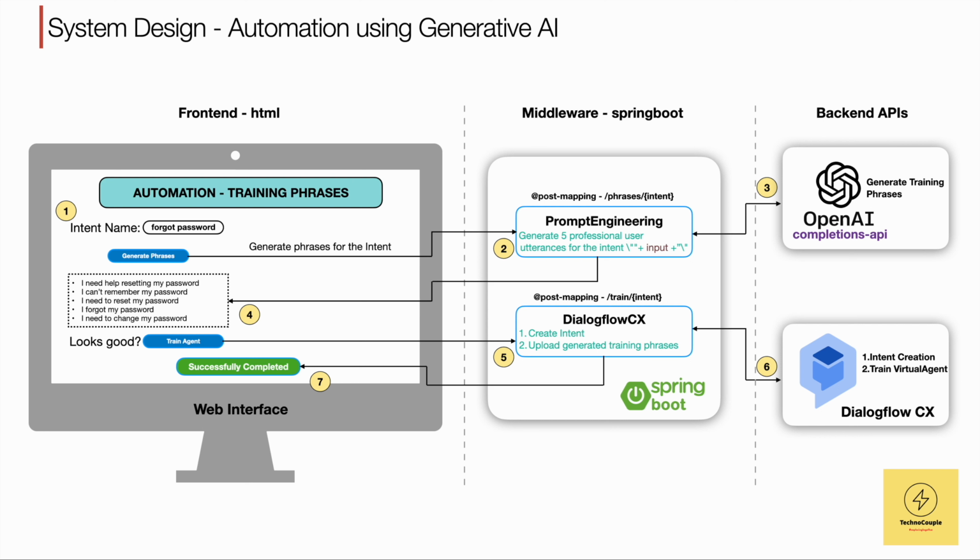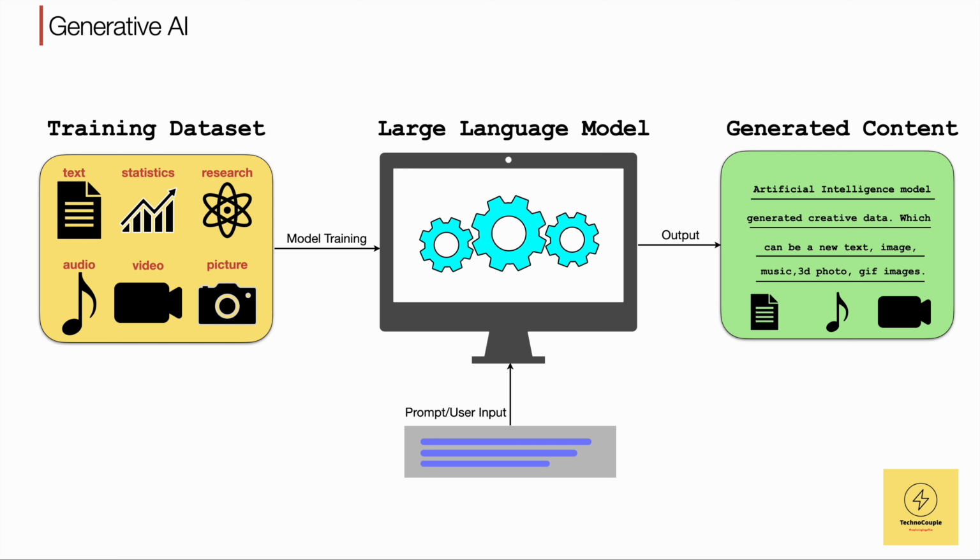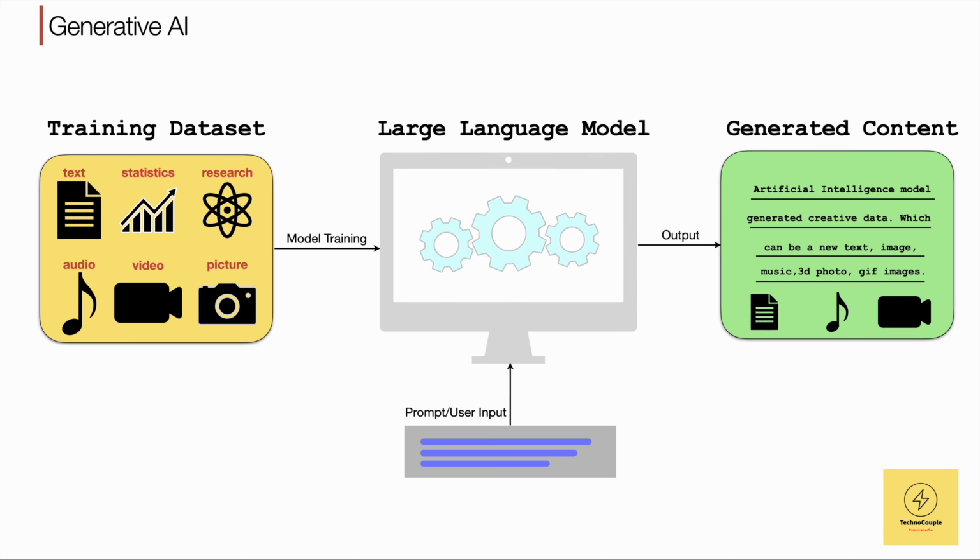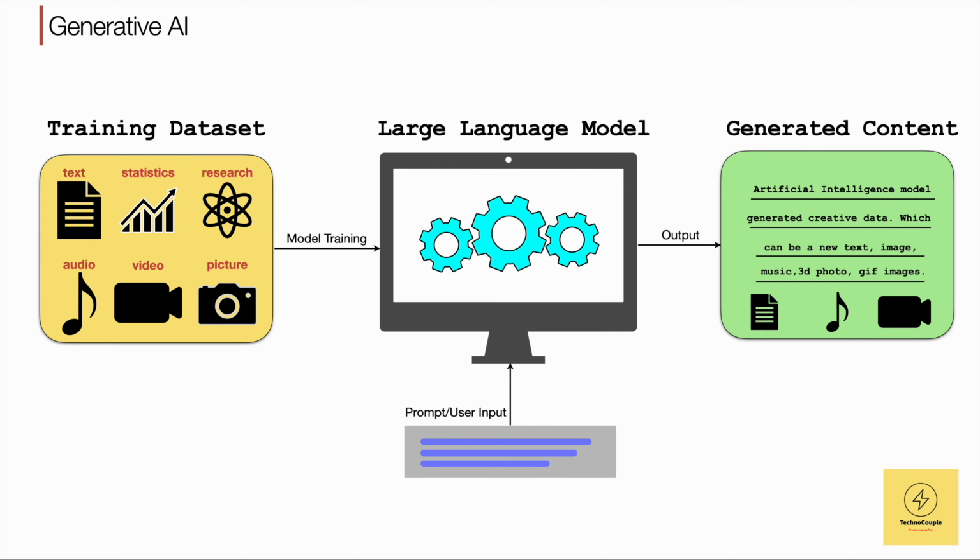So what is generative AI? In simple words, generative AI is a type of AI which has the capability to generate a new output based on the data it is trained on. As shown here, training data can be a data set containing text, images, videos, etc., which is used for training the large language model or generative model.